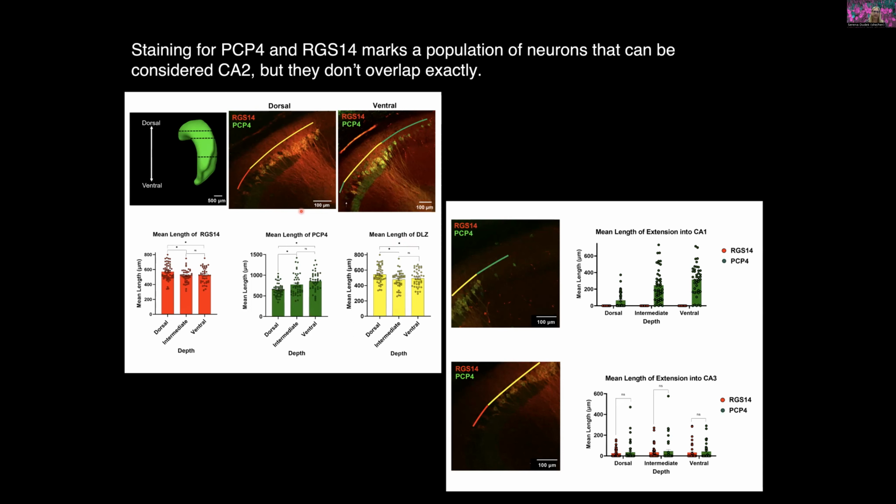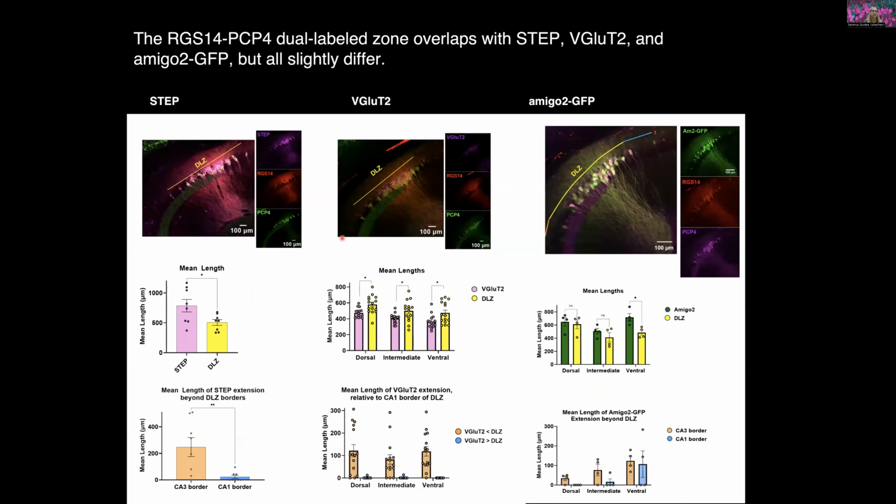This dorsal-ventral axis really is driven by the increase in length of the PCP4 staining along the dorsal-ventral axis.